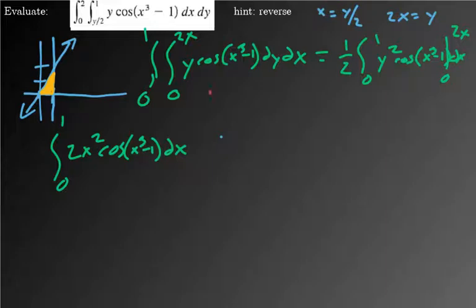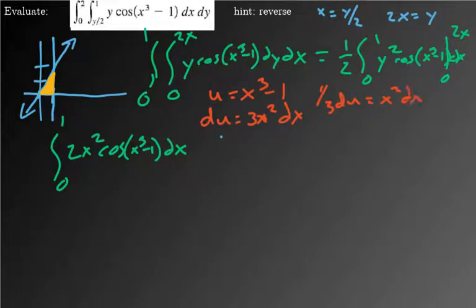And that's just a nice u-substitution. Let u equal x cubed minus 1, so du is 3x squared dx. That means a third du is x squared dx, and that's the thing I can get in here. So I can basically switch this to a u integral, and I'll have a 2/3 that I can just pull out.